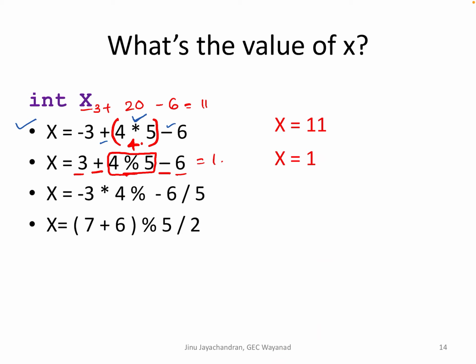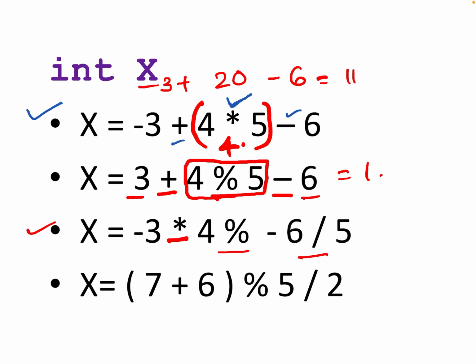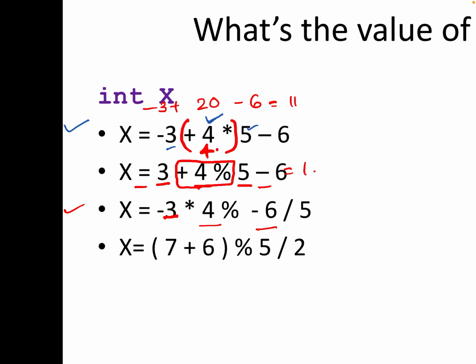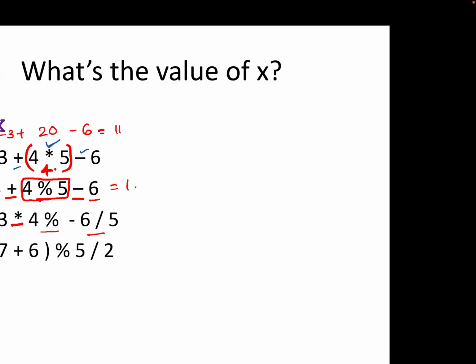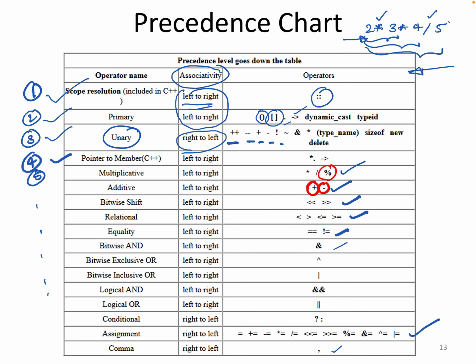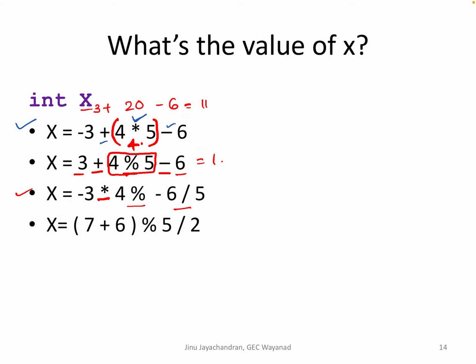Next, you have multiplication, remainder and division. All have the same precedence. That is what this chart here says. Multiplication, division and remainder all have the same precedence.